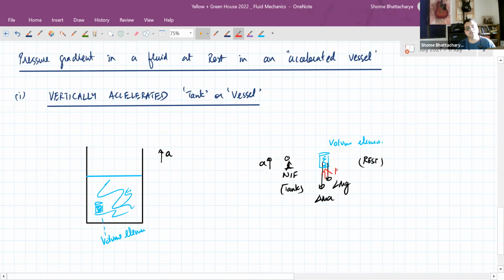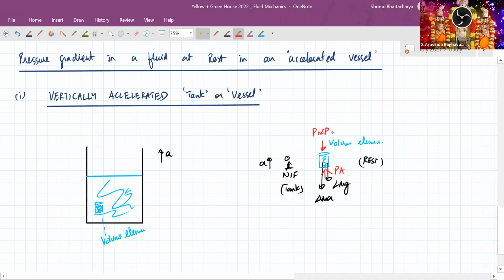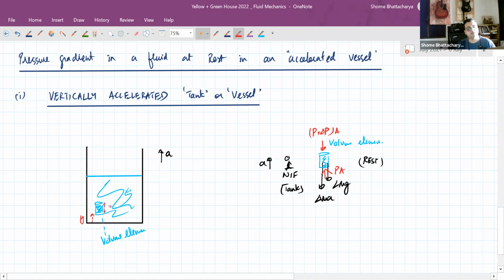The lower surface will experience pressure into area, the upper surface will experience some change in pressure into area, because we are considering this as the y coordinate and this as delta y, this surface area is A. So now when we consider the equilibrium, we'll see P plus delta P plus delta m into (g plus a) will be balanced by P into A. So our delta P will come out to be minus of delta m into area.